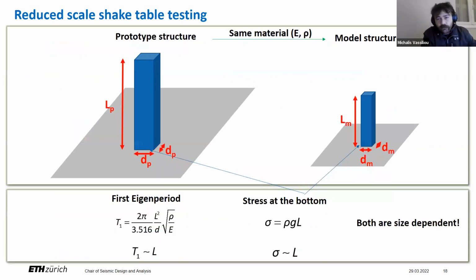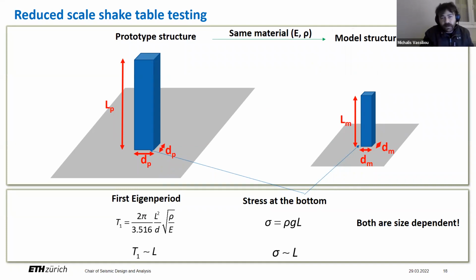So what people do, they try to do shake table tests at a reduced scale. Now, when you reduce the scale of your specimen, you call the full scale thing that you would like to have tested, but you don't have the money, the prototype structure, and you call the small thing the model structure. So you test this.